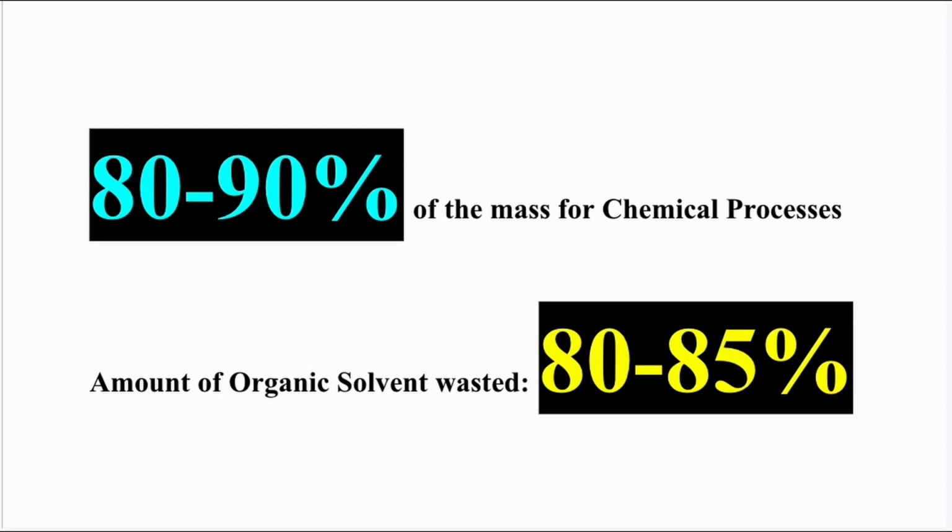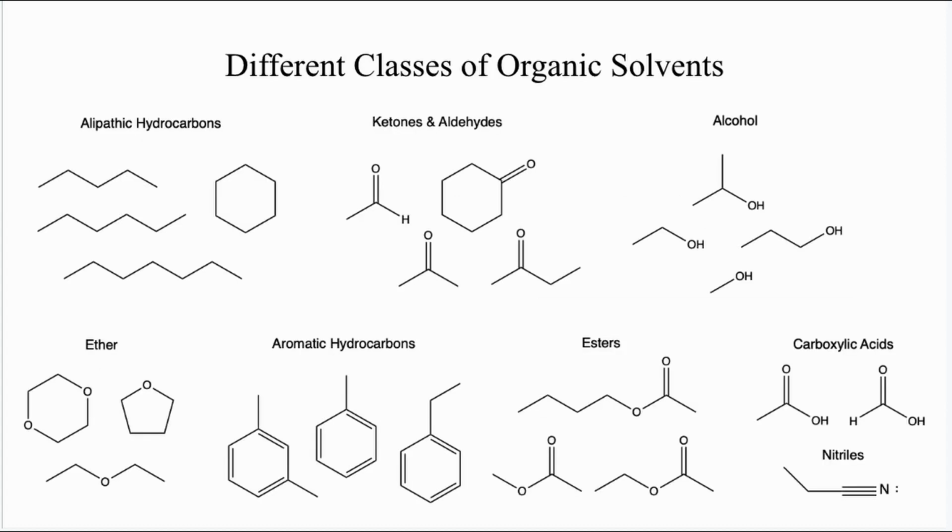Because organic solvents account for such a big part of chemical processes as well as the waste generated from it, they receive a significant amount of attention from a sustainability perspective. Here are 8 different classes of organic solvents and individual compounds which belong to those classes.